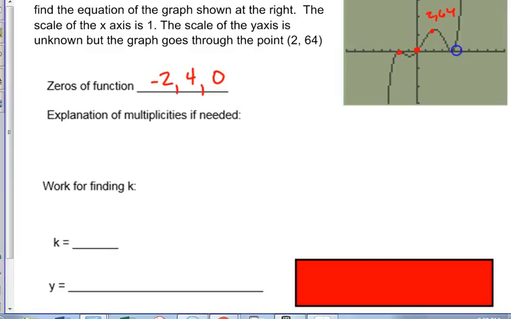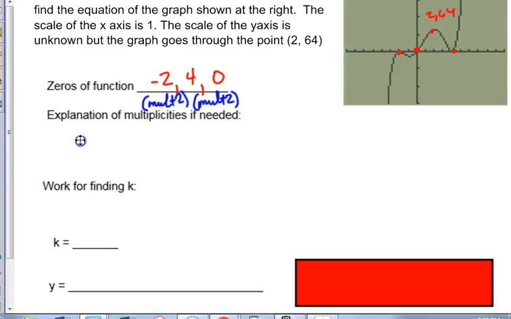Okay? When you write that, you don't have to write the multiplicities here. If you want to write for your own benefit, this one's going to have an even multiplicity because it's bouncing at -2, and at +4 it's also bouncing. You can write that, but you don't have to write that there.